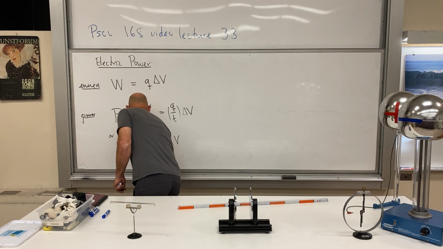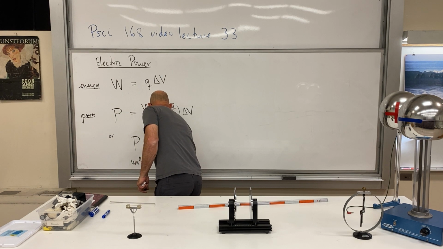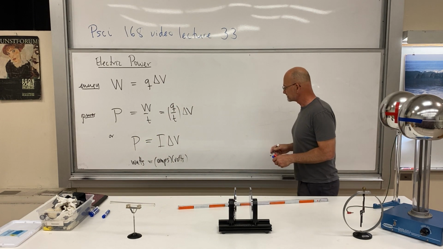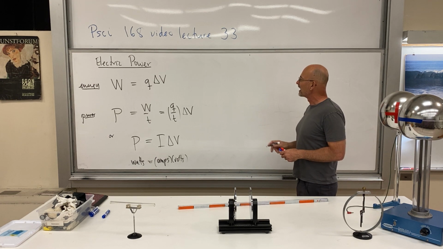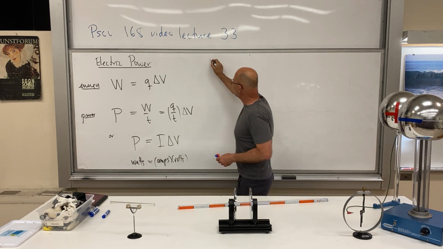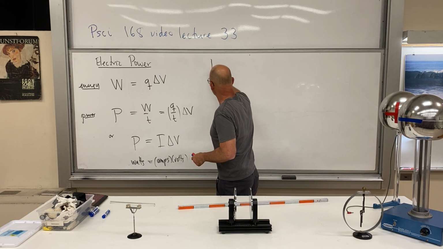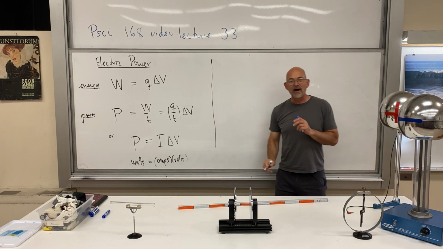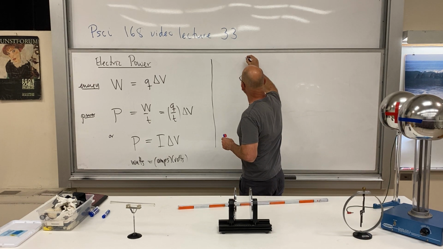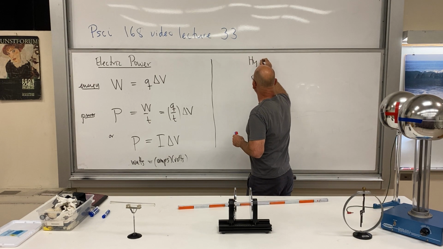Watts equals amperes, or amps for short, times volts. Now, I left half the board free, and it's kind of nice to do a side-by-side here, because we've discussed power before in terms of hydropower. So let's remind ourselves of our hydropower formula.